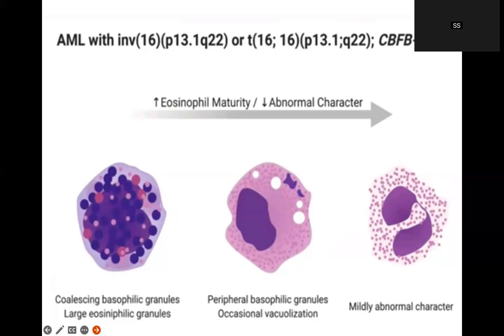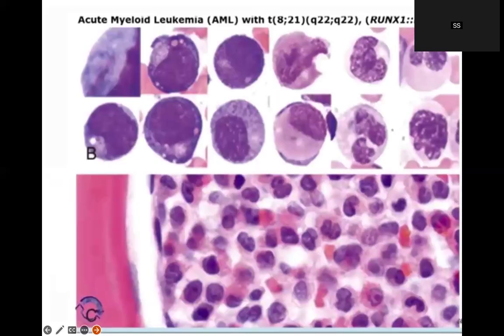Next, coming to acute myeloid leukemia with translocation 8;21, which encodes RUNX1 and RUNX1T1. So next slide. This cytogenetic abnormality qualifies as AML with recurrent translocation. Irrespective of the blast count, even if the blast count is less than 20%, we can call it acute myeloid leukemia with translocation 8;21 if the patient has this translocation.